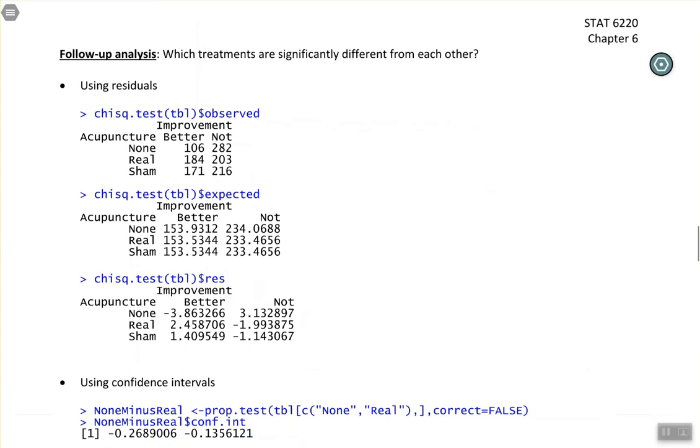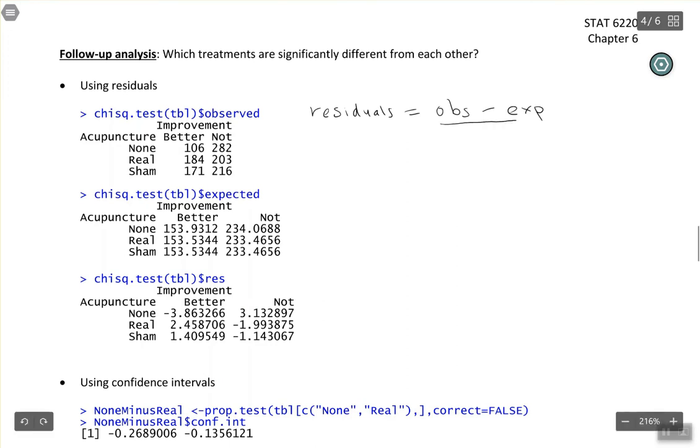There's a couple of approaches to do this. One of them is using residuals. We usually think of residuals as just the difference between actual and predicted values. Here we're going to use a little bit of a different form of the residuals. It is going to be the observed minus the expected. So that's a pretty clear connection to the residuals in regression.